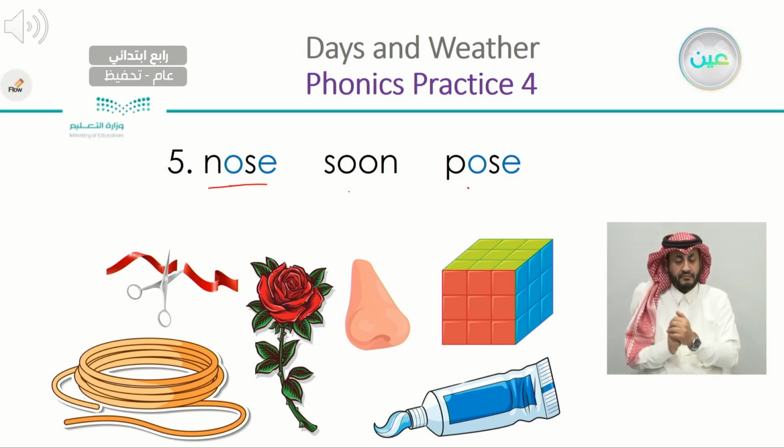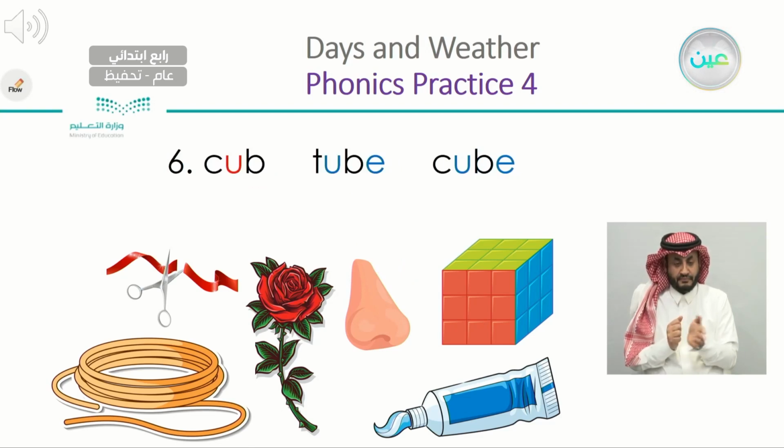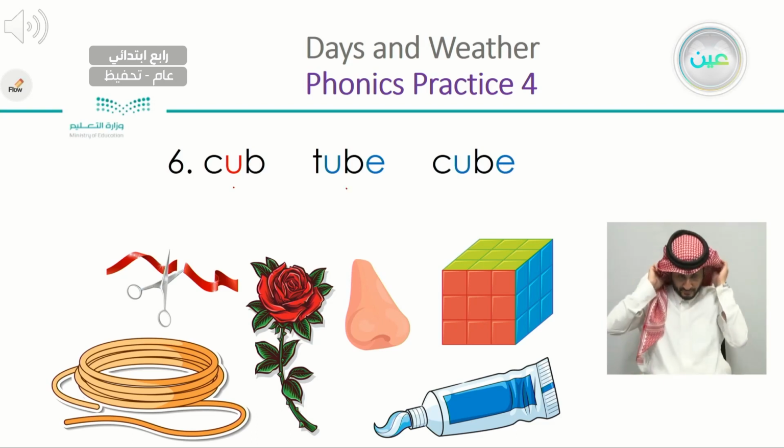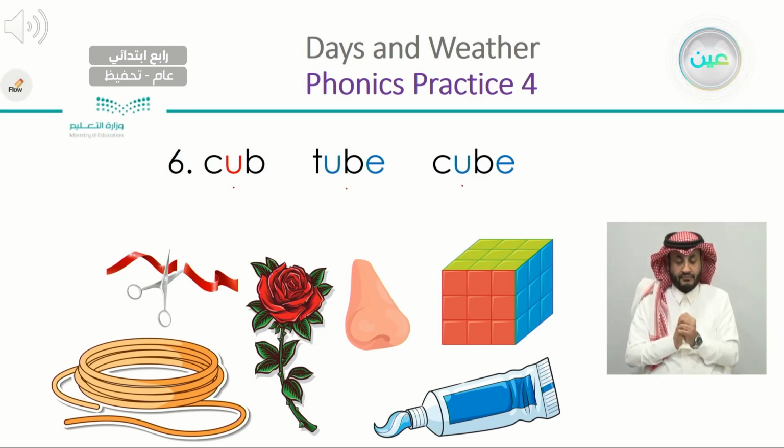This one is nose. Number 5. Excellent. Next. Number 6. Cube. Here we have cub, tube, cube. Which one here is a picture of a cube? This one. Good job. It's number 6.